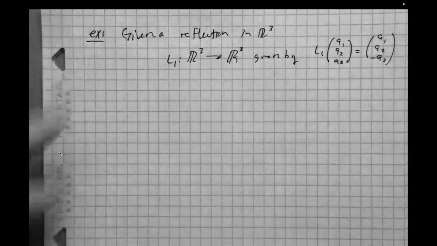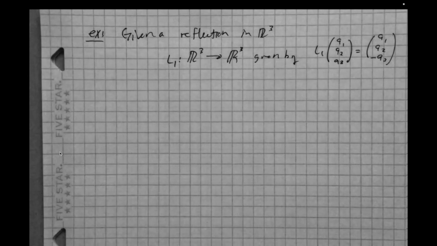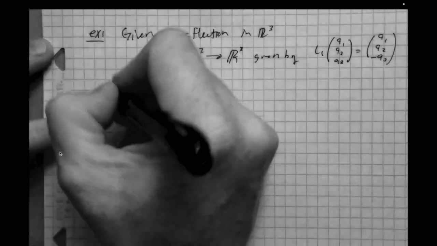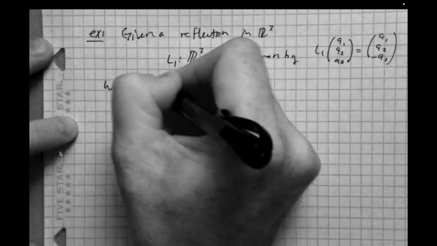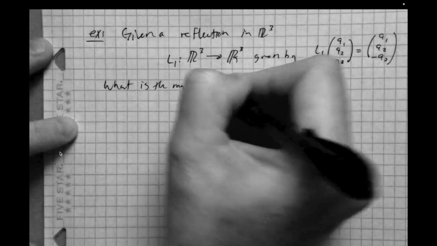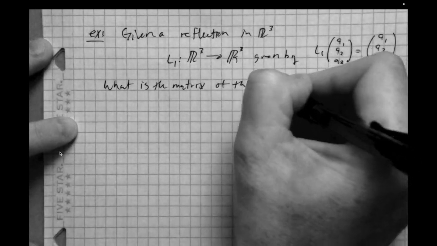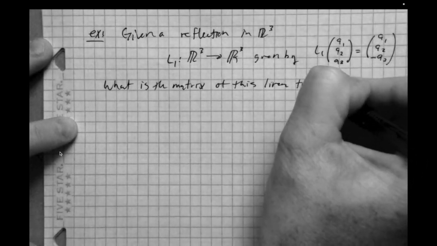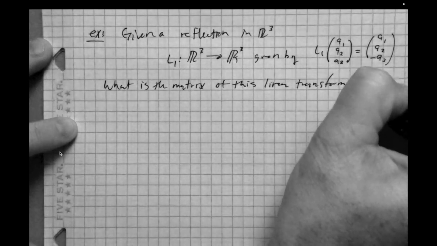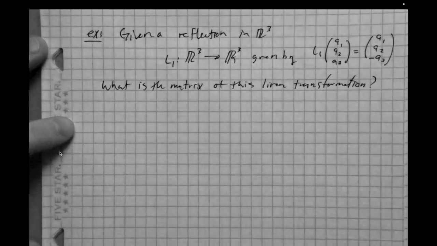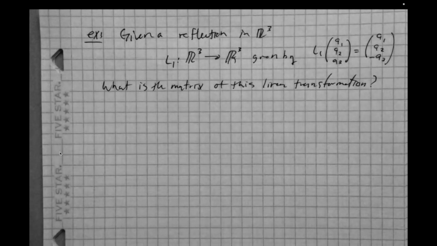This reflects it across the XY plane. So what is the matrix of this linear transformation?